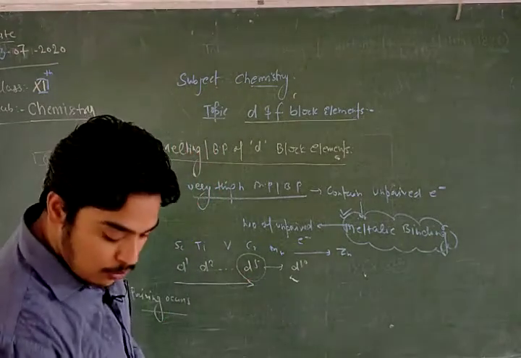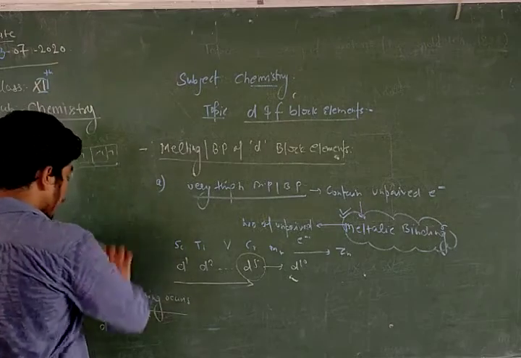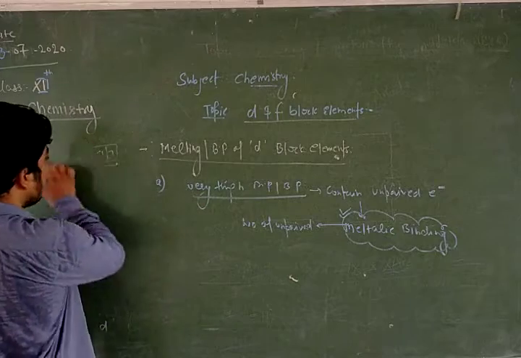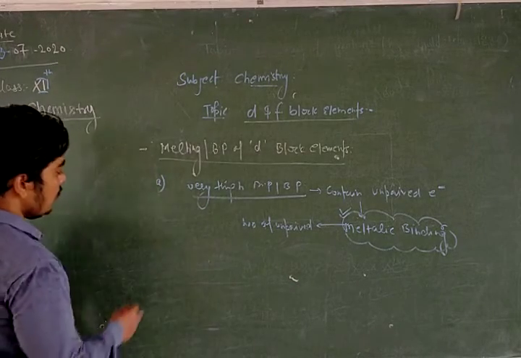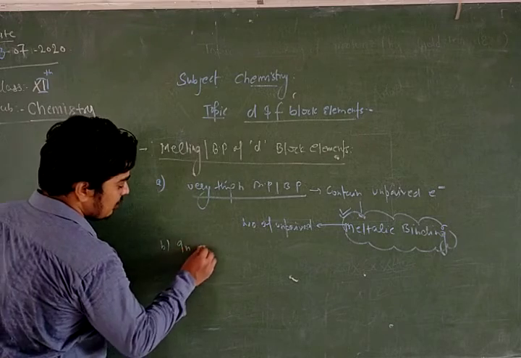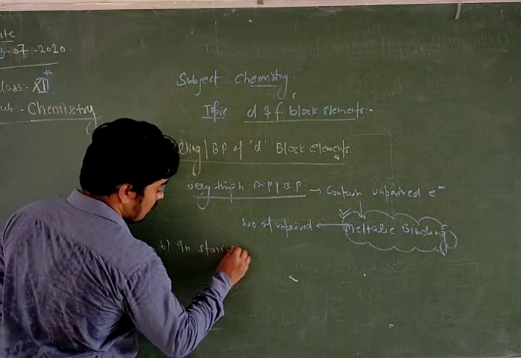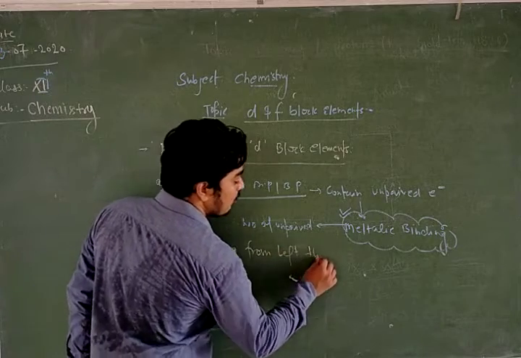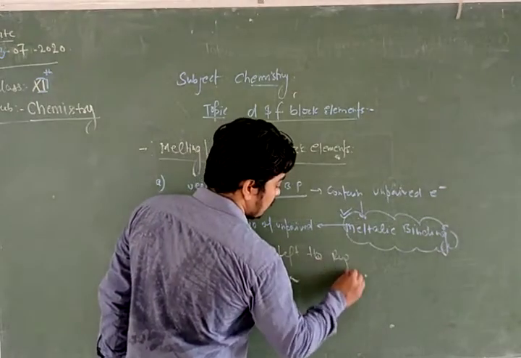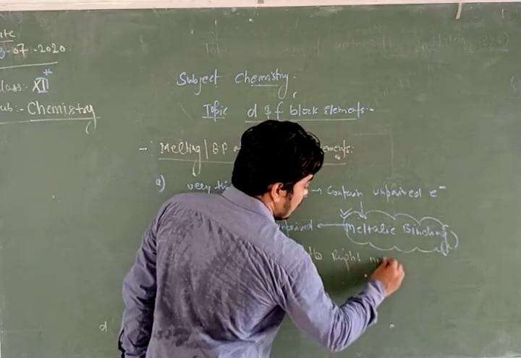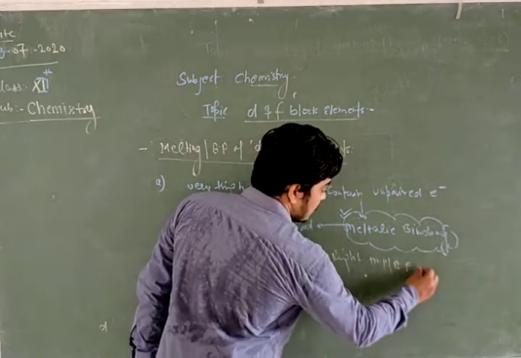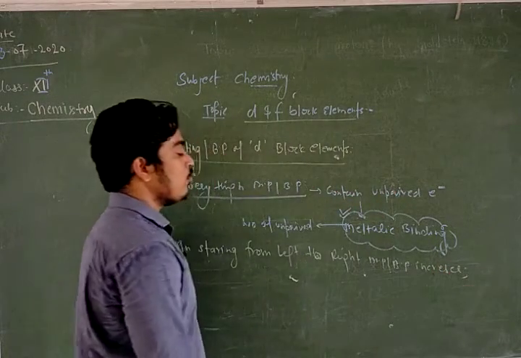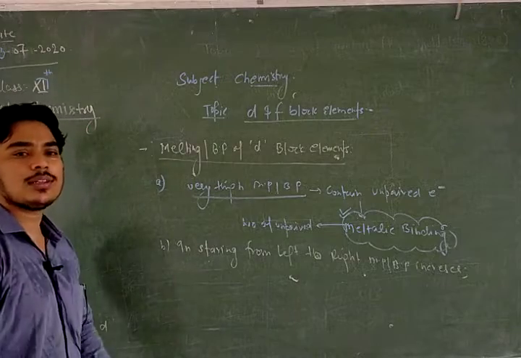I am going to discuss these points very briefly. In the starting, from left to right, melting point and boiling point increases. Why? Because the number of unpaired electrons increases.